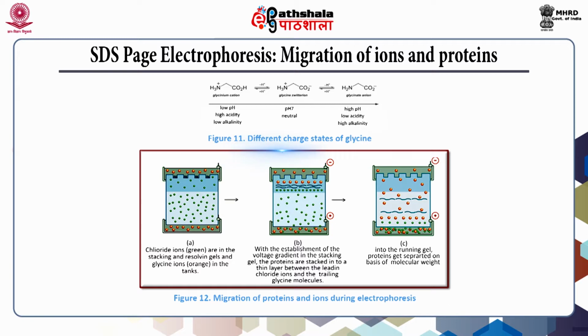Further, since the running gel has an increased acrylamide concentration as compared to the stacking gel, the pore sizes in the gel are still smaller and the movement of the protein is further slowed down. Higher molecular weight proteins move very slowly through the porous acrylamide gel compared to lower molecular weight proteins. Thus, separation of the proteins begins according to their size. The whole principle has been shown in A, B and C figures.